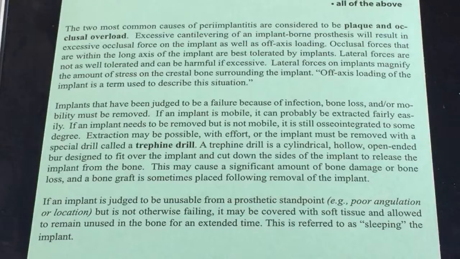All of the above. The most common causes of periimplantitis are considered to be plaque and occlusal overload.